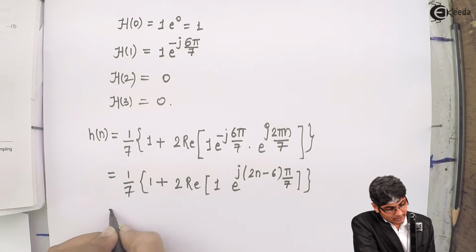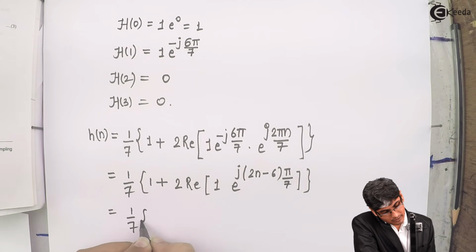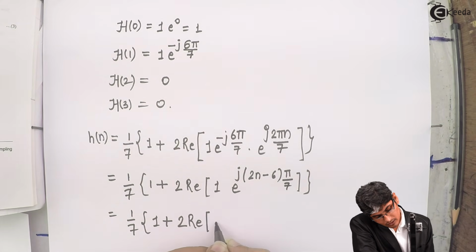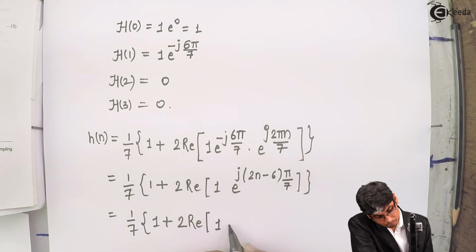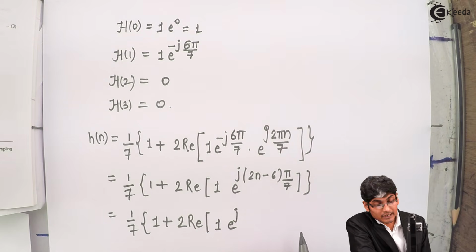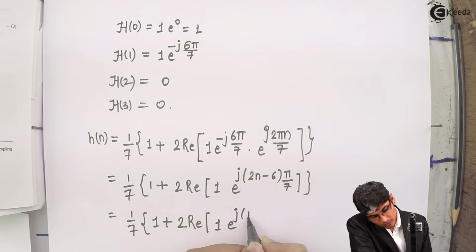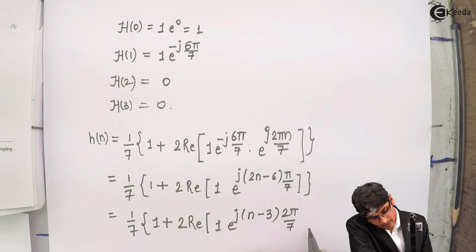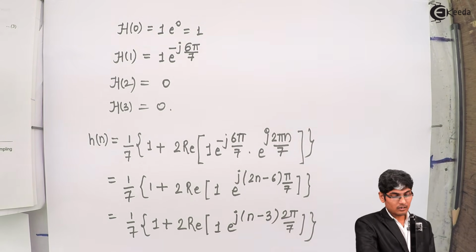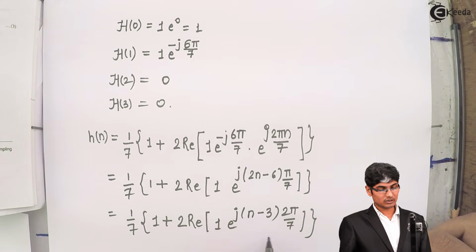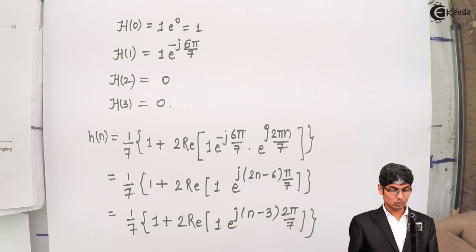Further we will do some adjustment, and I will make it like 1 by 7 times 1 plus 2 real part of 1 e raised to j, let us pull out 2 also common, so it will be (n minus 3) 2 pi by 7, which is the required transfer function.